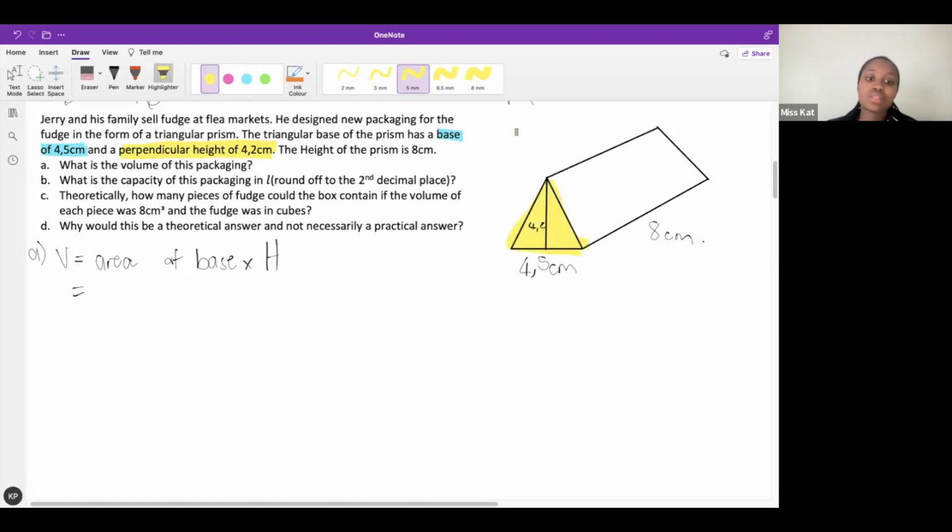So then what's the formula for area of a triangle? Half of base times small height, times the big height for the prism. Okay, that's fine, it makes sense. Now, half of, what's the base of the triangle?